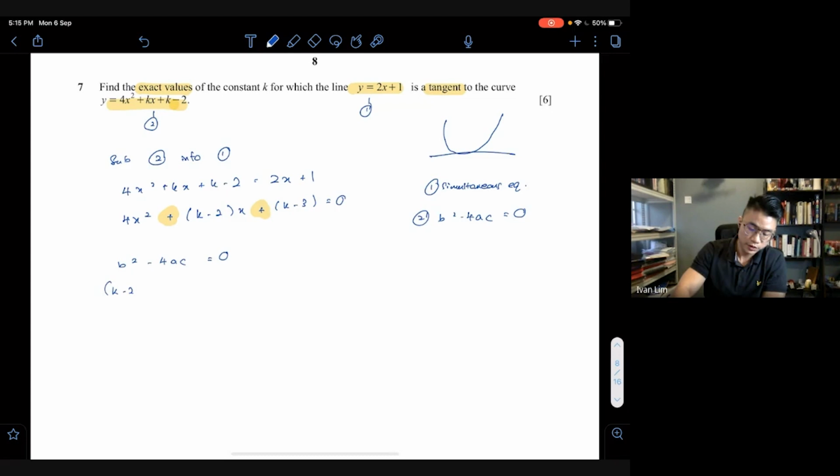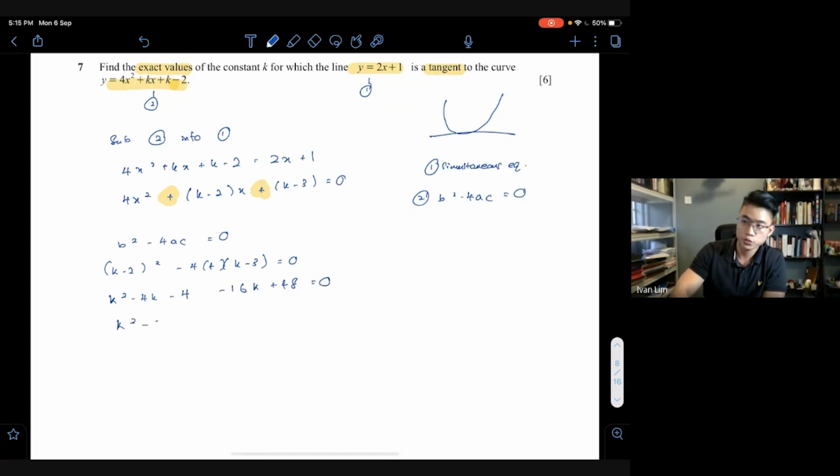So sub in your b: (k minus 2) squared minus 4 times 4 times (k minus 3) equals 0. Open up this bracket, you get k squared minus 4k plus 4 minus 16k plus 48 equals 0.